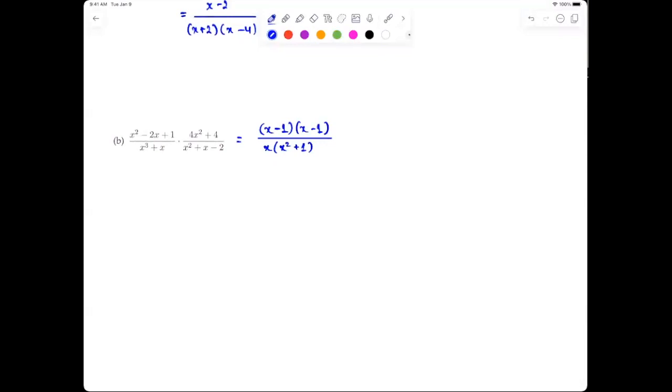You take out the x and you're left with x squared plus 1. Multiply with the second rational expression. On the numerator, 4 is a common factor. And the denominator can be factored into (x plus 2)(x minus 1).